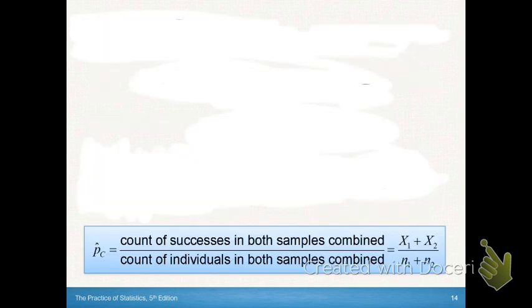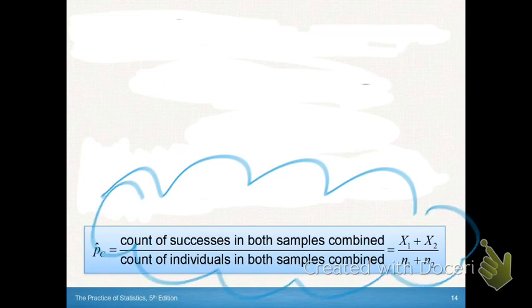Now, there is one thing that is going to be a big change for us compared to the confidence intervals that we recently did for working with two proportions, and also from the one sample proportion test that we were working on: in this case, we are assuming that the two proportions are equal. And if we're assuming they're equal, we can't really then turn around and act as though they're different.